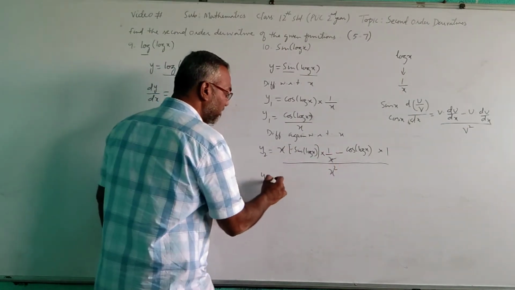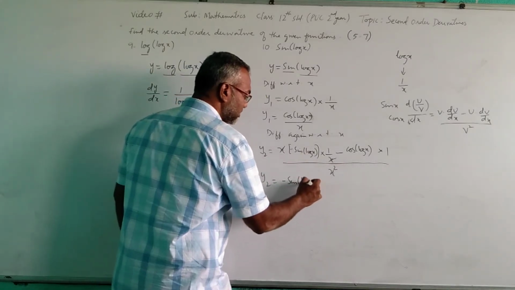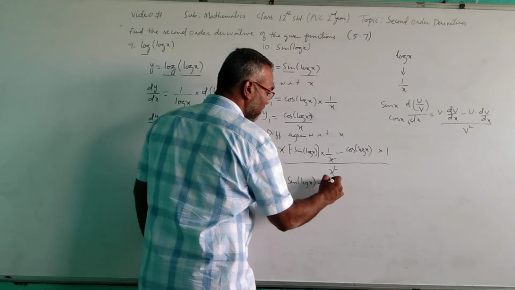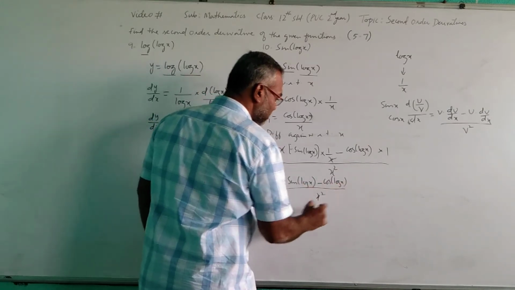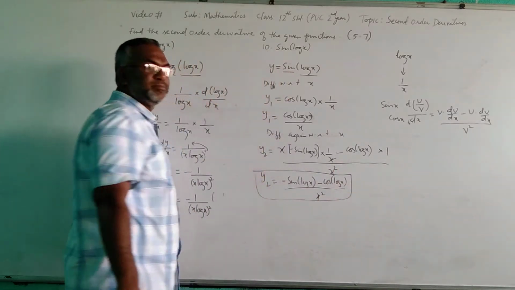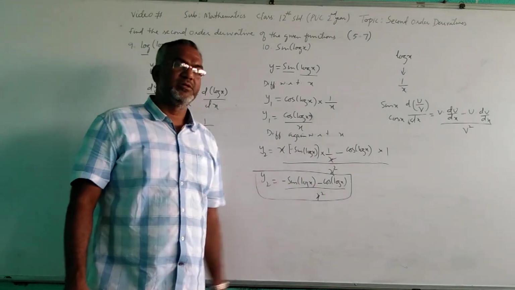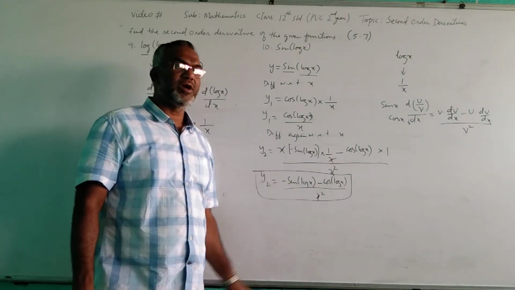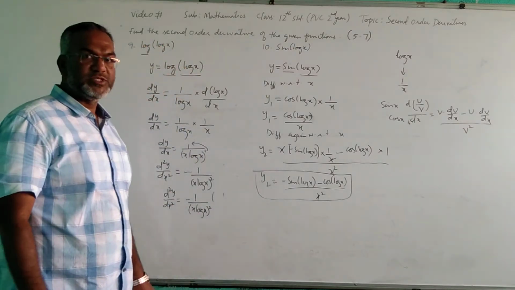So y2 will be equal to minus sine of log x minus cos of log x divided by x square. This is the final answer. You can take minus common here, that is more simplification we can do, or you can leave it like this, it's okay. Second order derivative is over.